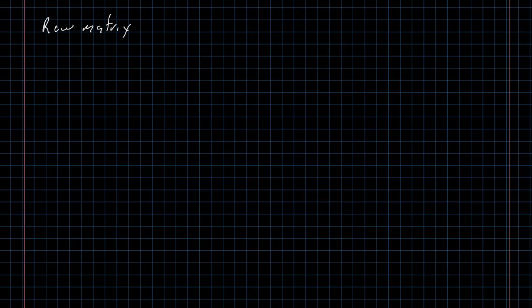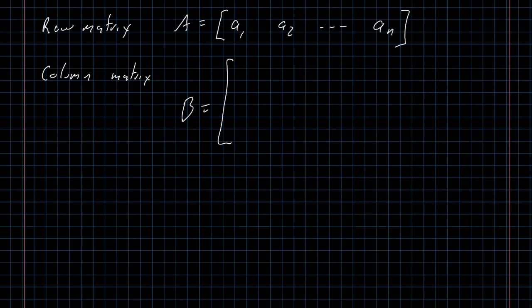A row matrix and a column matrix, well, let's see, this is one row and n columns.